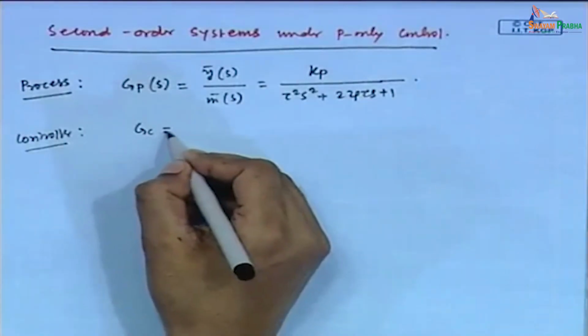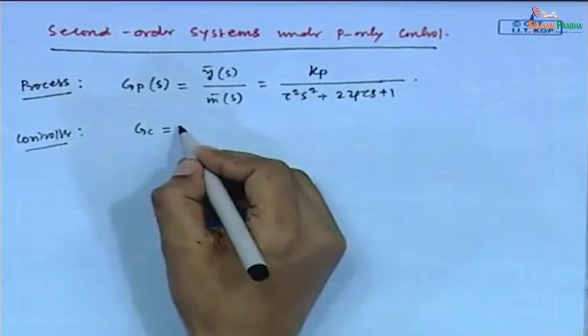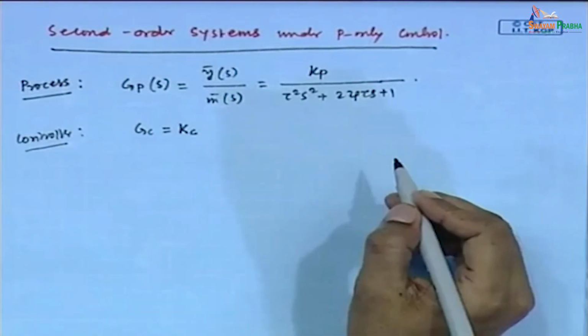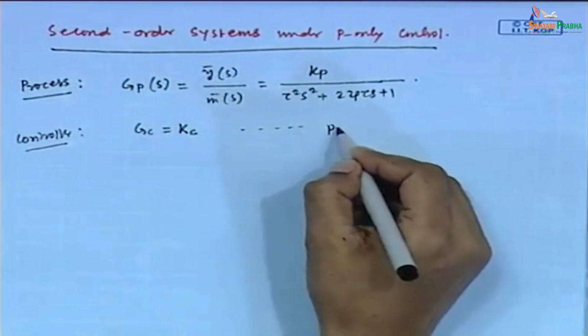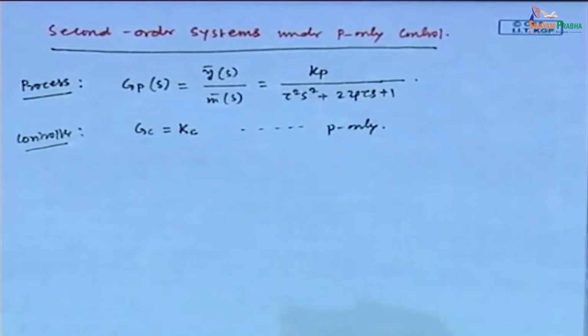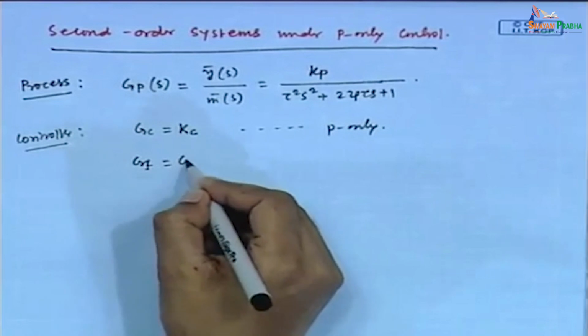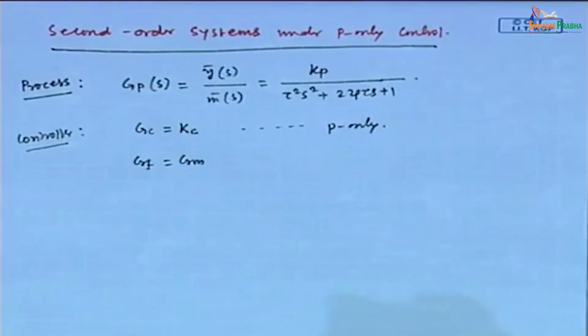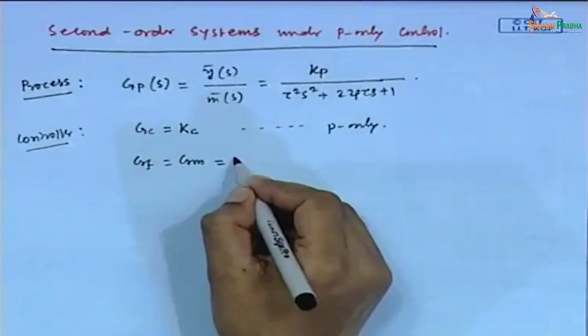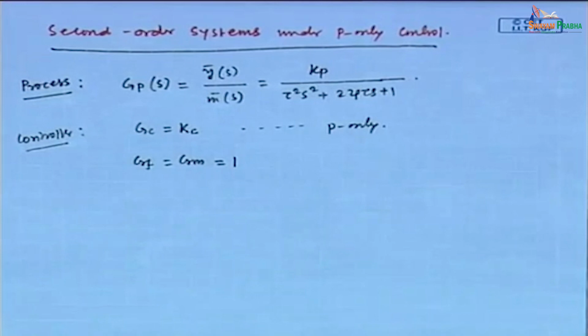So, the transfer function can be written as Gc equals Kc. For the final control element and measuring device, we will consider the transfer functions equal to unity.